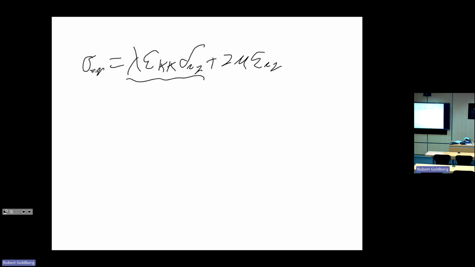So this is basically the volumetric component, and this is the shear component. So this lambda and this mu are what are referred to as the Lamé constants.